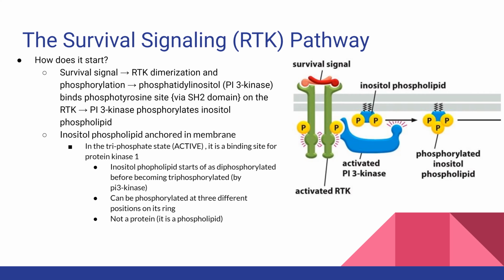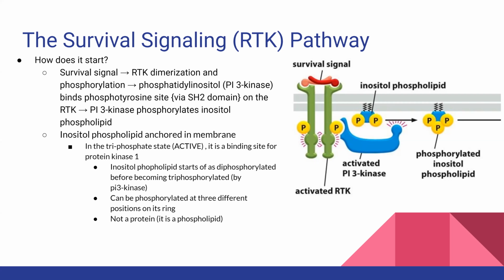And so then you have the activated PI3 kinase, and then an activated PI3 kinase is able to activate inositol phospholipid. And inositol phospholipid is anchored to the cell membrane, so it's attached to the cell membrane. So that gets activated by PI3 kinase.